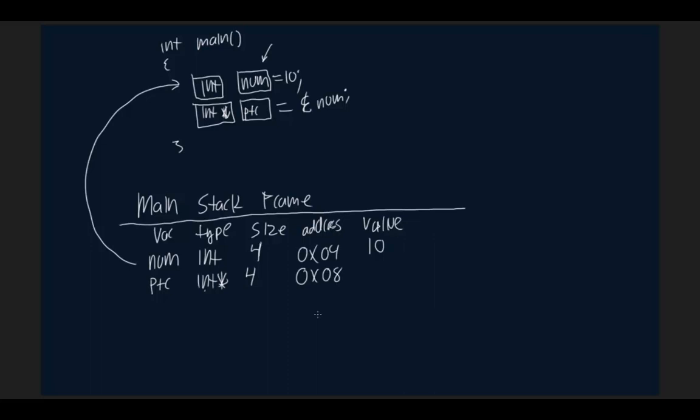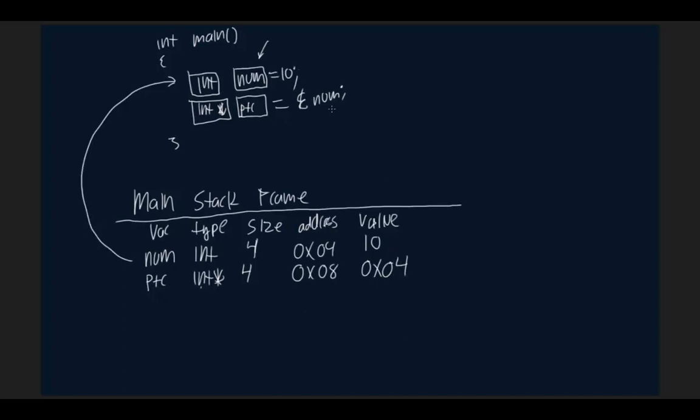What is contained inside of not the data that the pointer is pointing to, but what is contained in this memory address? Right. The thing that is contained in this memory address is 0x04. The value of the pointer is going to be the address of this thing that it's pointing to.